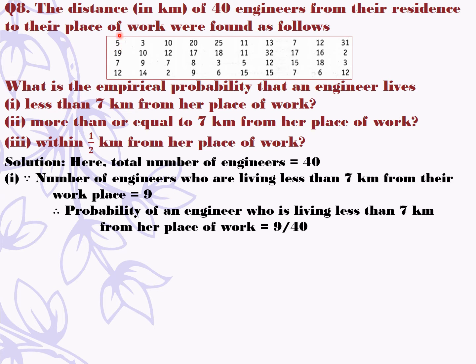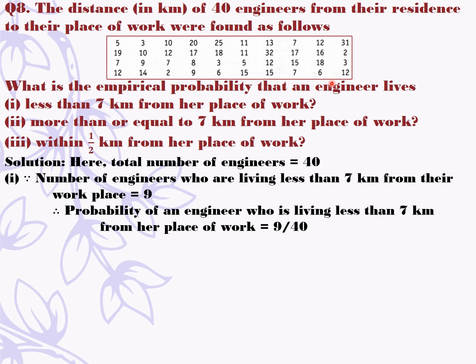So we'll take 5, 3 and then we have 7. So 7 will not be included because it should be less than 7. Then if we continue, we can see 2, 3, 5, again 3, 2, 6 and here 6.